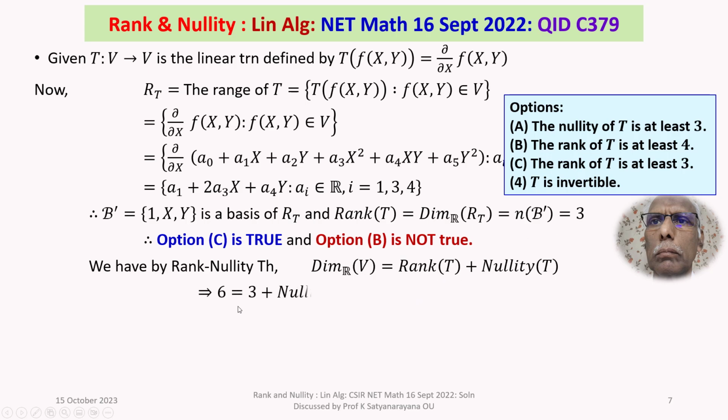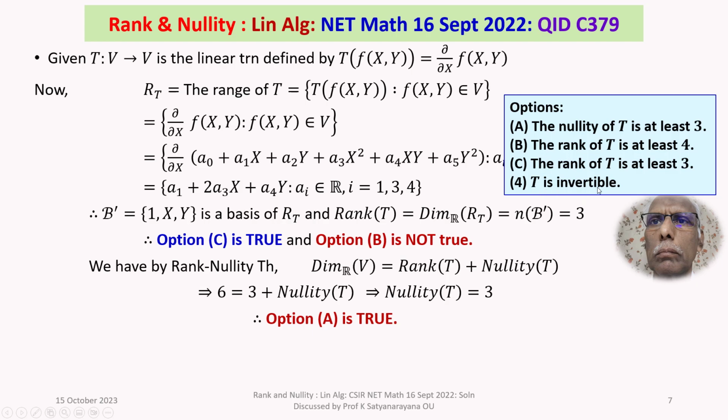So we get 6 = 3 + nullity of T. That implies nullity of T is equal to 3. And the reference for nullity is given in option A, nullity is at least 3. So this is also true. Option A is true.